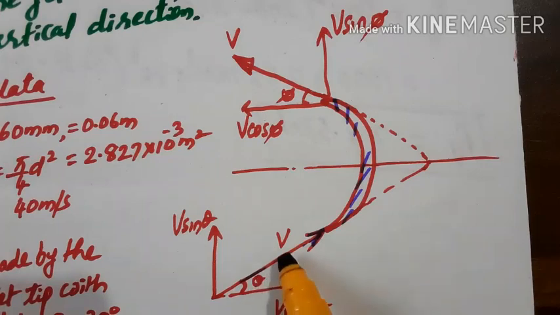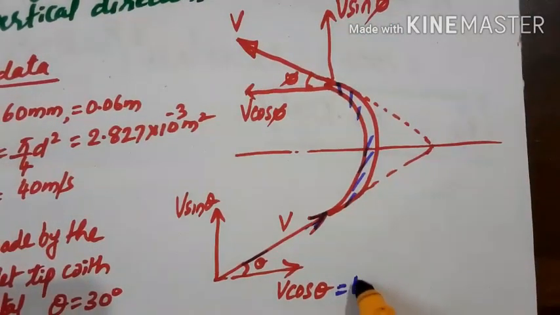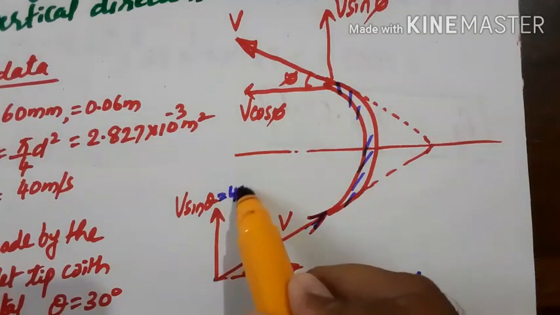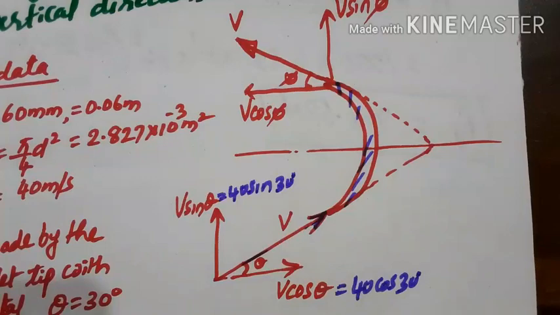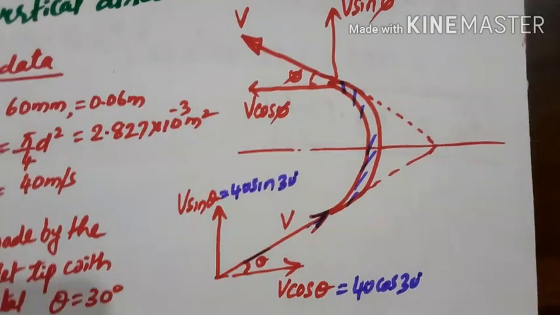So in this case the velocity is being given and the angle with which the jet is entering the vane, that is theta is given, so that is 30 degree. So if we write this here, this will be 40 cos 30 and this will be 40 sin 30, because theta angle is 30 degree here.